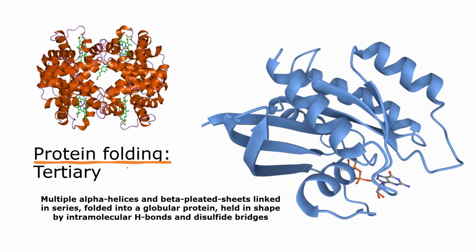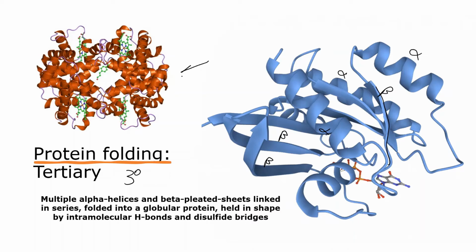If you want to go further, you can get into the third level, tertiary folding. And all you have to do now is take multiple alpha helices. You see one back here. And then here's a pleated sheet running along there. Here's a pleated sheet here. Here's a pleated sheet here. Here's another alpha helix. Take a lot of the springs and a lot of the sheets and tie them all together in a very, very long structure.